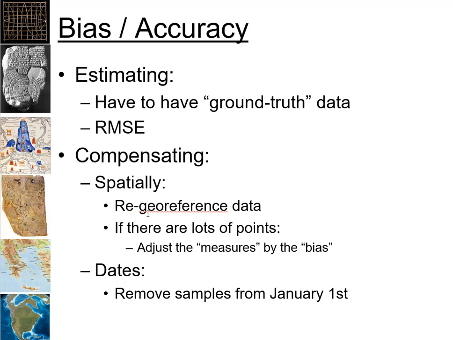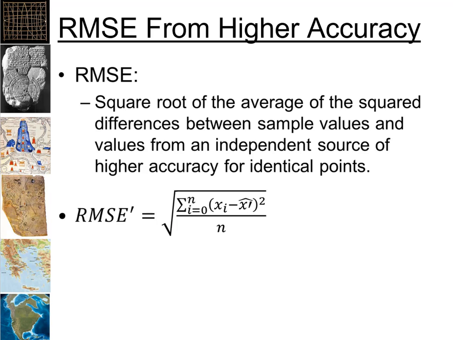You may need to re-georeference your data if there's a shift like between NAD 27 and now NAD 83. If there's lots of points, sometimes you can look at the data and see that it's shifted, and then you can compute the accuracy and adjust it based on that. I'll talk a little bit in a second about dates.